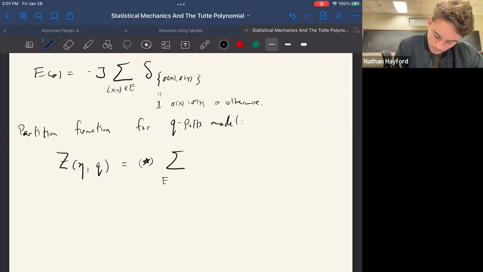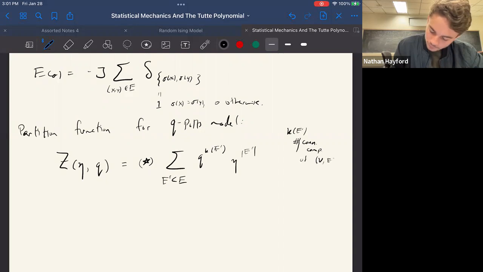Sum over all edge subsets E prime, Q to the k of E prime, eta to the size of E prime. So k of E prime is the number of connected components of the graph with vertices V and edges E prime. So a very simple change of variables.